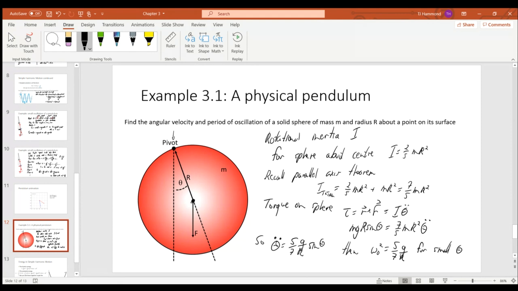Now there's this thing called the parallel axis theorem. You should be familiar with this. I think I brought this up in intermediate mechanics. In fact, I know that I did, but you might have forgotten about it.